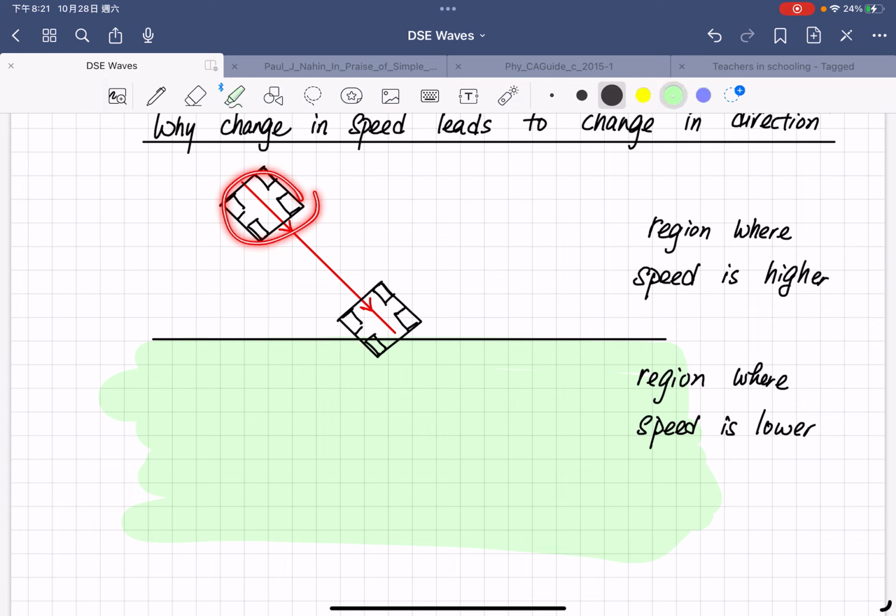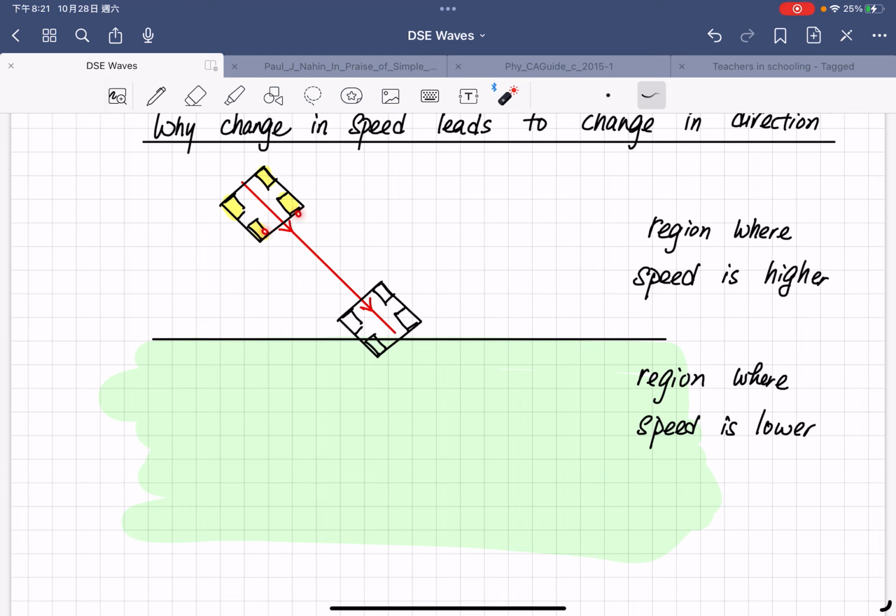At the very beginning, you have the 4 wheels located in the same region of space: 1, 2, 3, 4. Let's clarify first that the driver of this car does not turn the wheels at all. All he does is turn on the engine, so the car is moving forward.